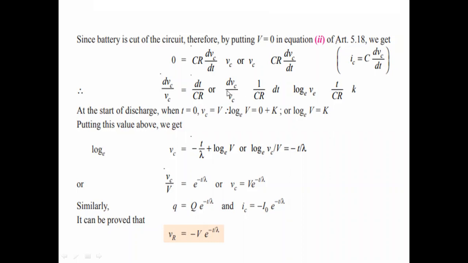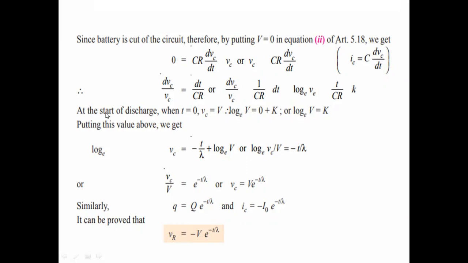So from this, minus dVc by Vc, by applying integration, we get log of Vc, and that is equal to minus t by CR plus K. You can try it on your own. No problem, you can get it easily.